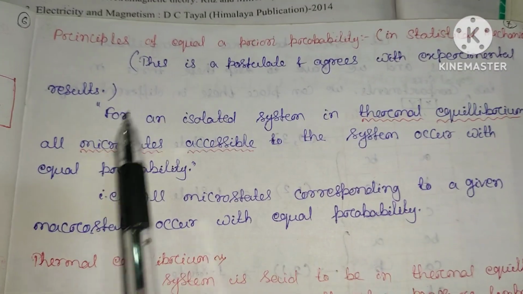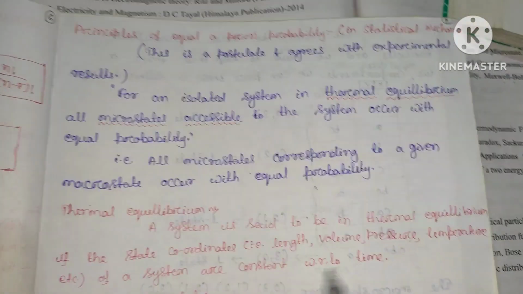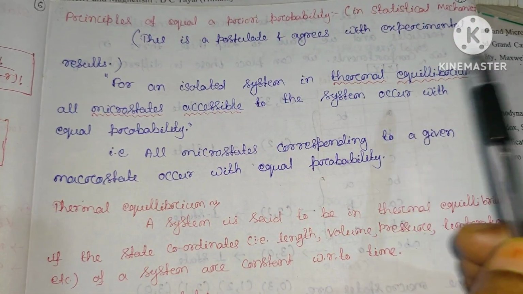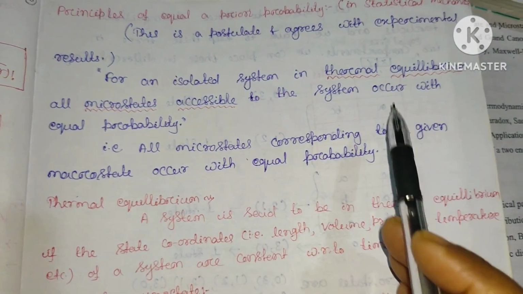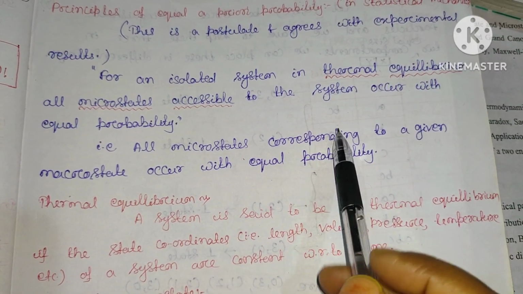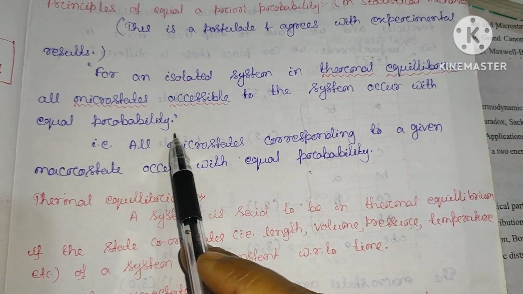So we will see the principle of equal a priori probability. In statistical physics, the equal a priori probability principle plays an important role. It is a postulate and it agrees with experimental results. For an isolated system in thermal equilibrium, all the microstates accessible to the system occur with equal probability.